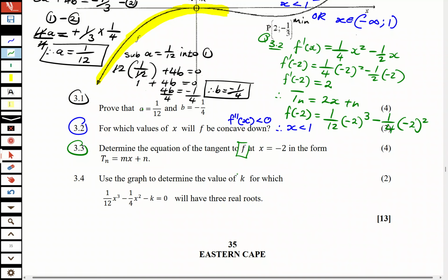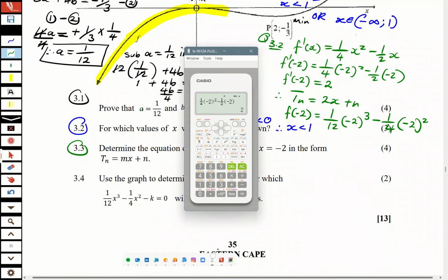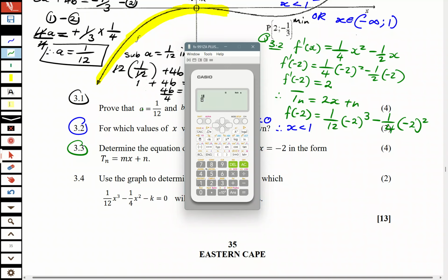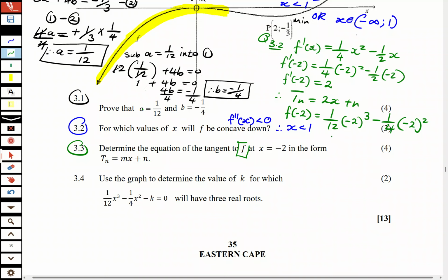So now let's see what that is. This is 1 all over 12 into negative 2 cubed. I'm trying to find the corresponding y value. Since I have x, 4 into negative 2 squared. So this is negative 5 all over 3.